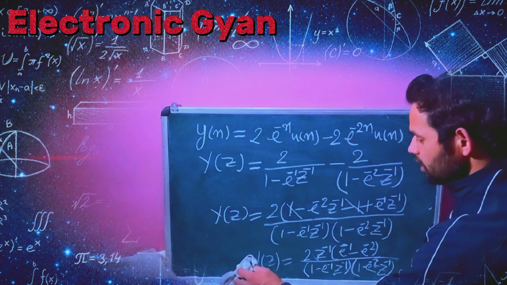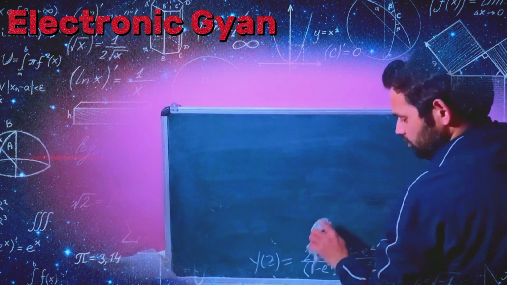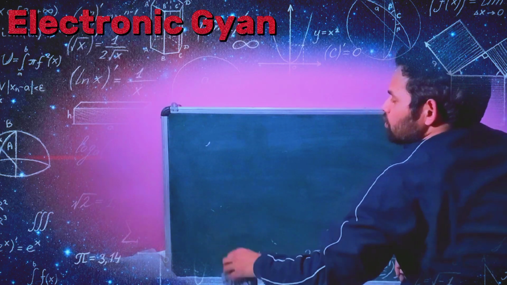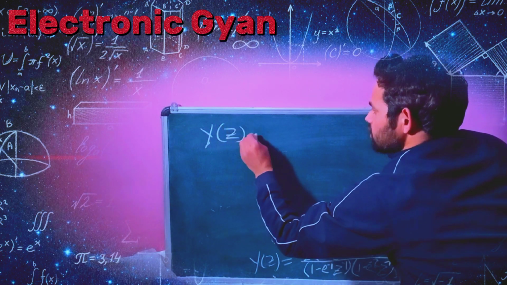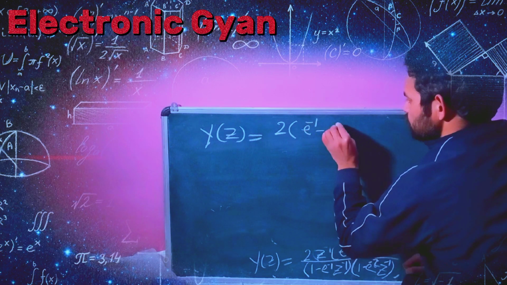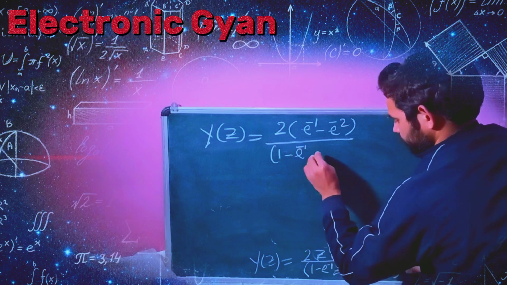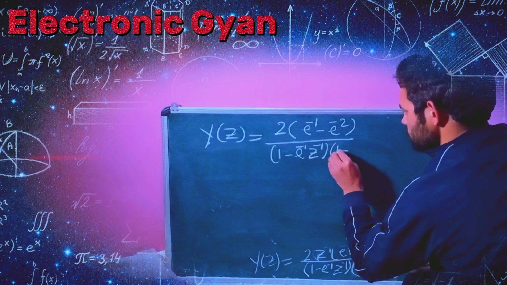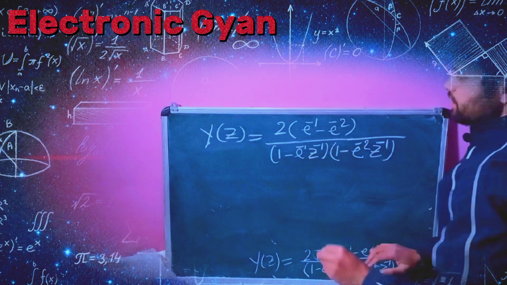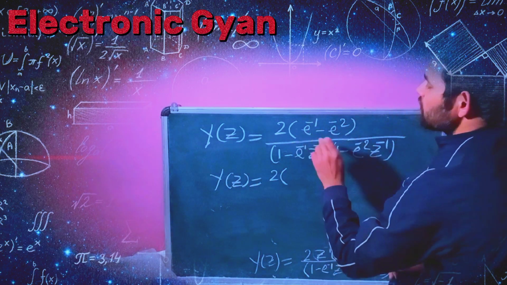Okay, so let me write this clearly. What we have obtained here is Y of z equal to 2 into e inverse minus e to the power minus 2 divided by 1 minus e inverse z inverse into 1 minus e to the power minus 2 z inverse. Let us put in the values.